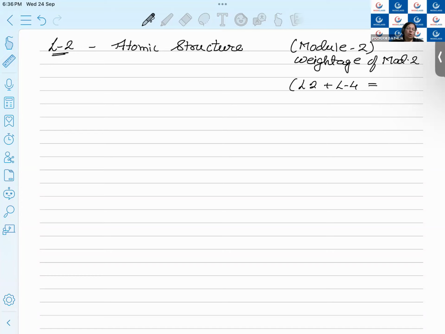The complete weightage of these 2 chapters is 10 marks. Okay, individual weightage is not there. We'll be getting questions overall of 10 marks from this module, which involves 2 chapters, lesson 2 and lesson 4. Lesson 2 we are going to discuss today. Lesson 4 we'll discuss tomorrow.